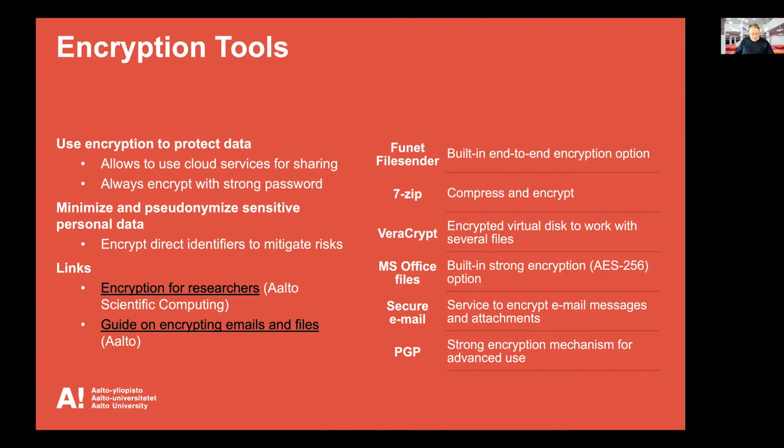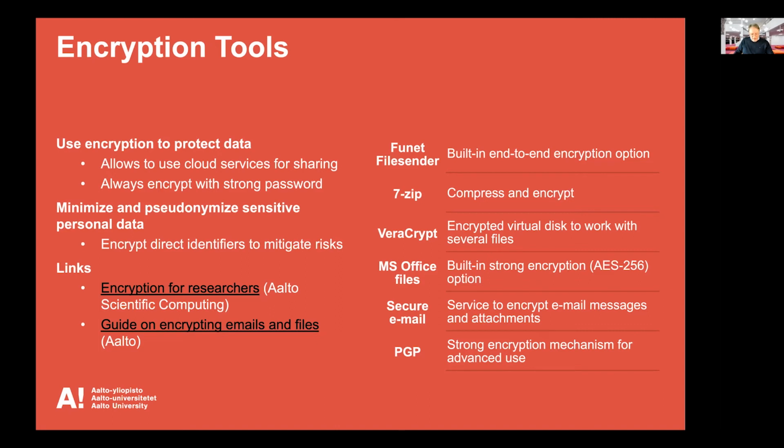And always use strong encryption and a strong password when you encrypt. The strong password often means that it's long and difficult to remember. It could be, for example, at least 12 characters, including upper and lowercase letters, numbers, and special symbols before it is considered strong. But it should not include a known word or personal information that could be guessed somehow.